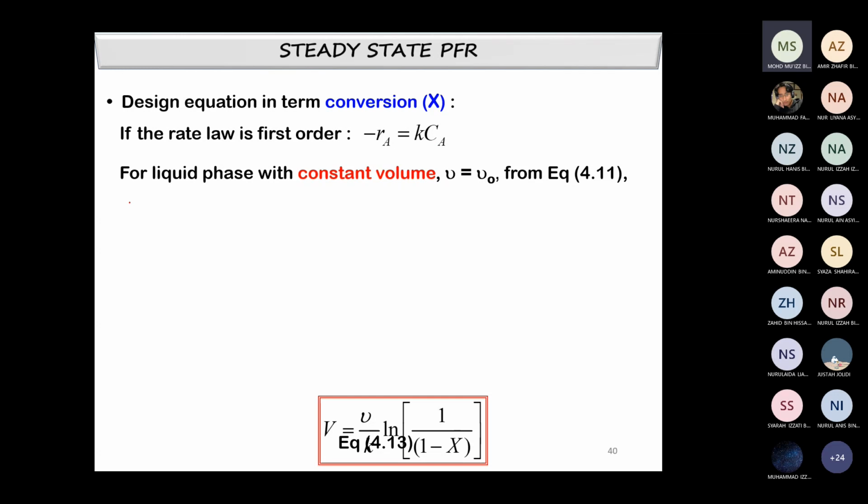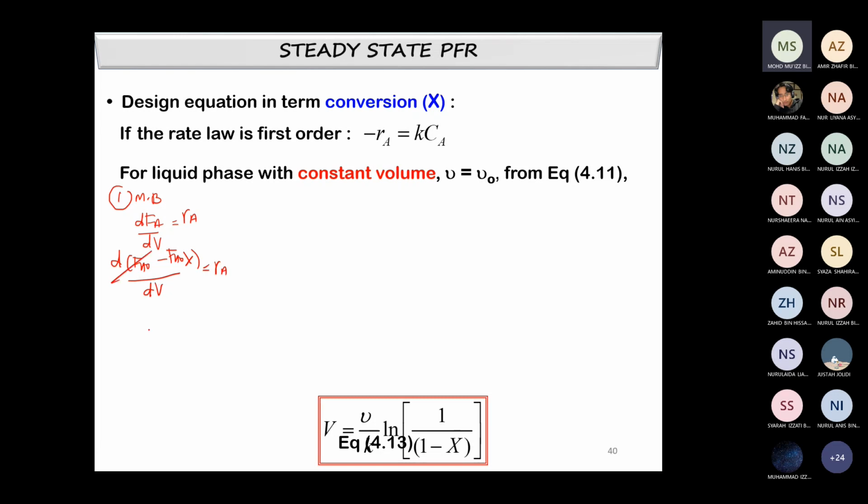Okay, so the first one, remember, starting from the mole balance. dFA over dV, ataupun you nak terus direct tadi pun boleh juga, sebab you dah tahu. FA is equal to FA naught minus FA naught X, over dV is equal to RA.